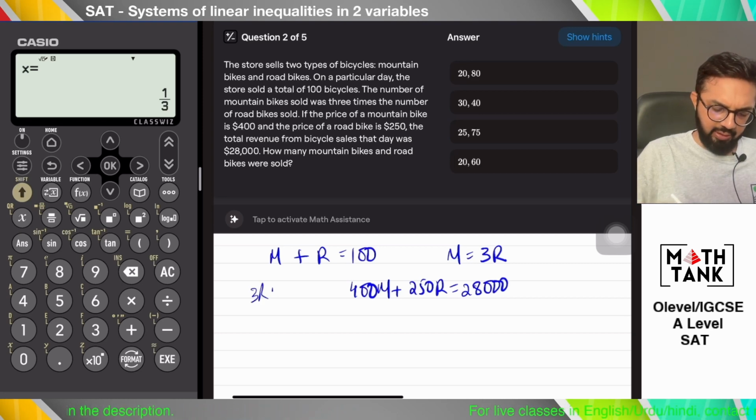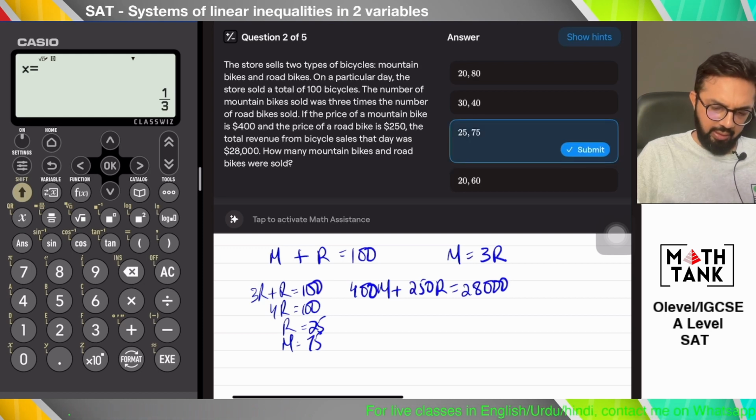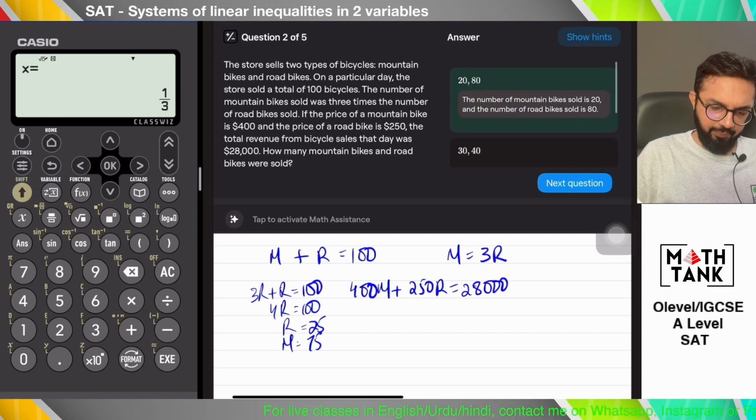So 3r plus r gives me 100. So 4r equals 100, r equals 25, m is therefore equal to 75. How many mountain bikes and road bikes were sold? I think that should be the correct answer.